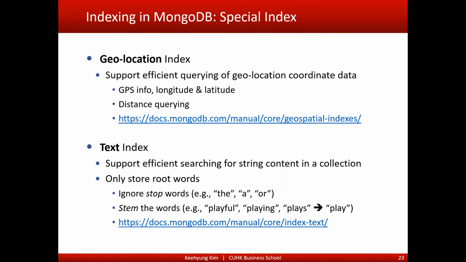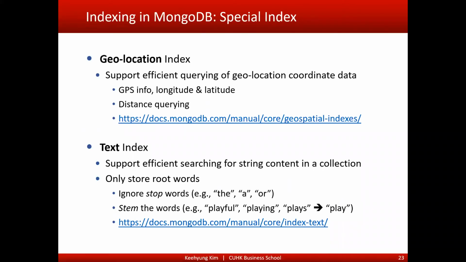Once you have a geolocation index, you can also do distance queries. If you want to search for documents in a certain neighborhood, not farther than 100 kilometers or something, you can do that using a geolocation index. More information is on this link, so you can search more later if you need to utilize it.